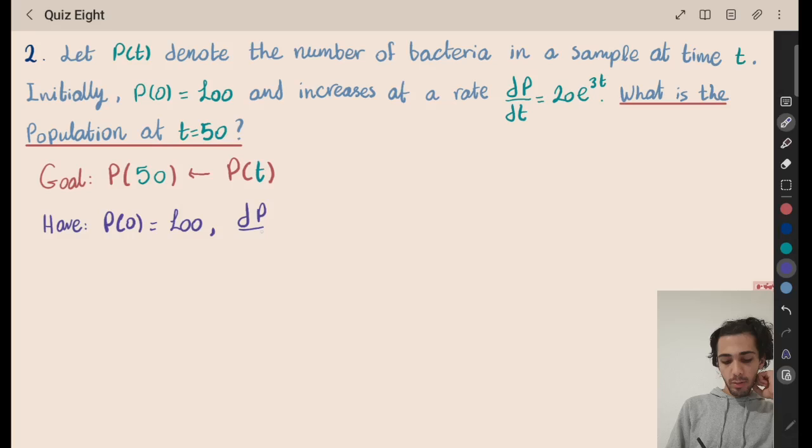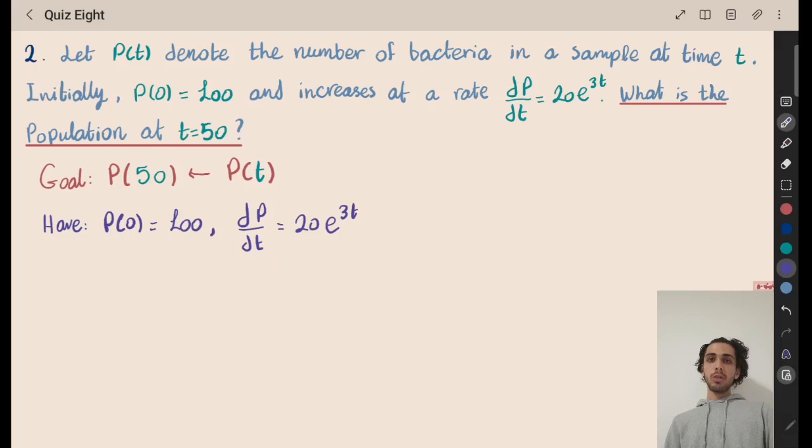So I have the rate of change of p with respect to time is equal to 20 e to the 3t. So if I have the rate of change, how do I find the function? I know that if I have the function, I can differentiate to find the rate of change.